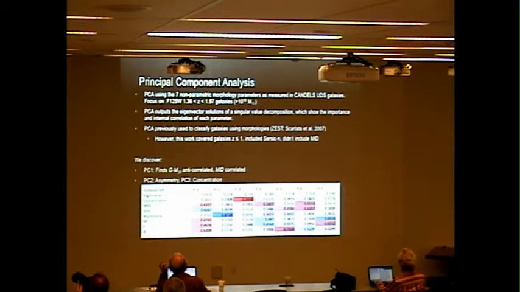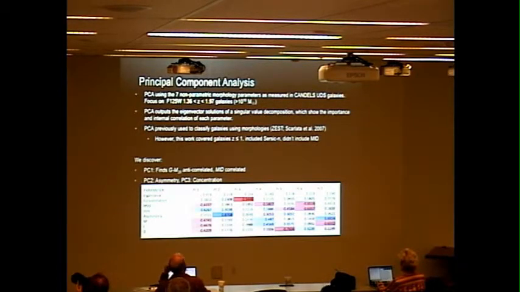I have to mention that there was a study using PCA of galaxy morphologies, the ZEST study by Scarlata et al., and some of the authors are here, so I'll just say that it was a good paper, not just because they're here. But this was different because they covered lower redshift galaxies. They included the Sersic profile, or the Sersic index, and they didn't have these MID statistics because they weren't developed for 6 more years.